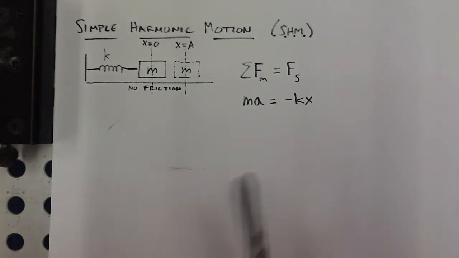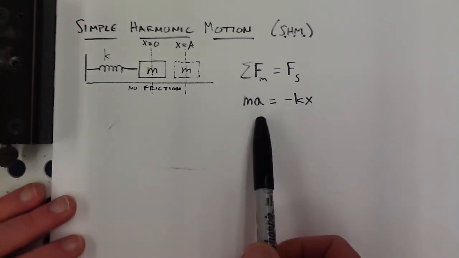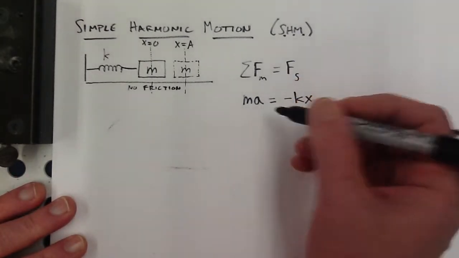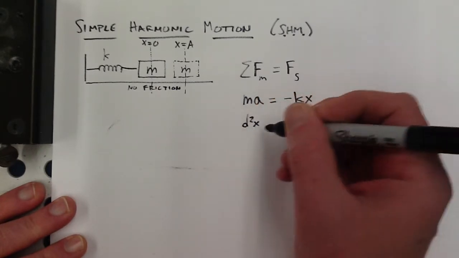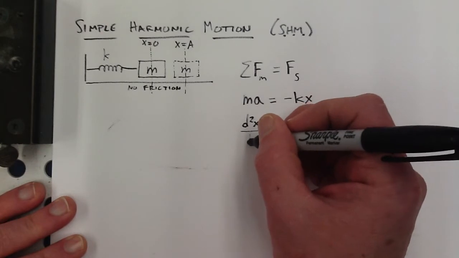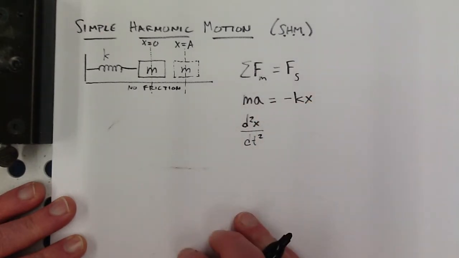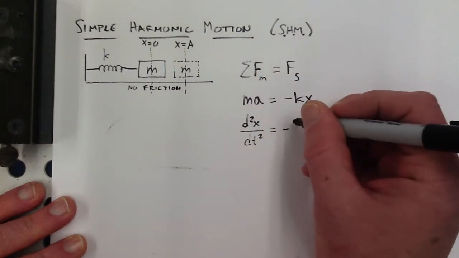Now, that's all fine and good, but now that we have a good bit of calculus under our belts, we might be tempted to look at this in its differential equation form and rewrite acceleration as the second derivative of position with respect to time, and move this constant to the other side.